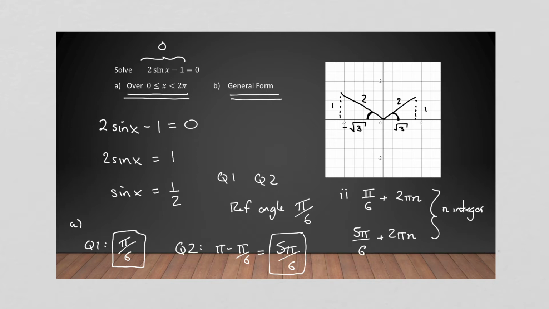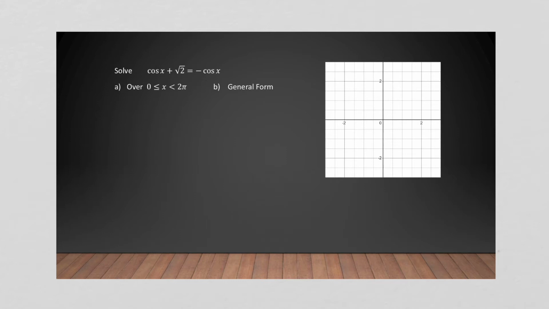If n is 2, it's 2 rotations. If n is 3, it's 3 rotations. n can be negative as well because it's just negative rotations. So that form of your solution gives you all potential solutions for this equation. That is called your general solution. Now these are going to get more and more complex as we move along, so this is a good first example.